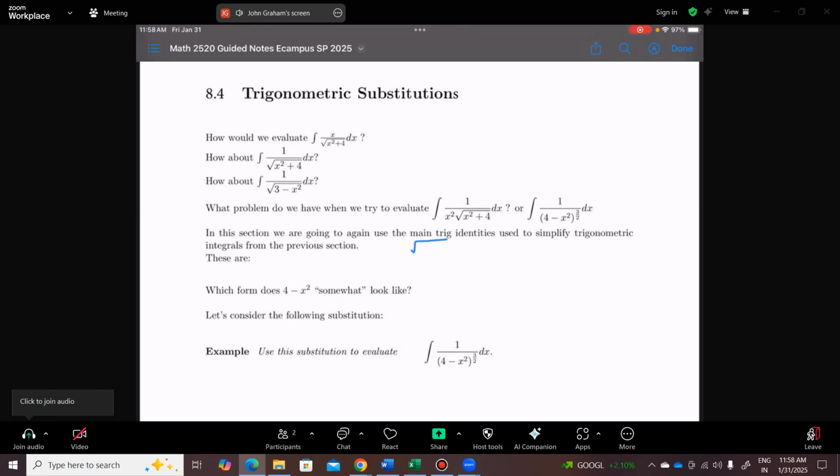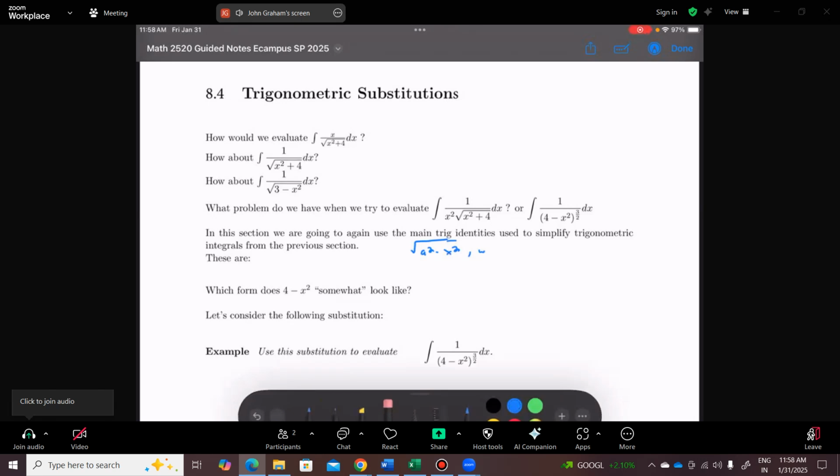First one is a squared minus x squared, when x is equal to a sine theta. Then we get 1 minus a sine squared theta, which is cosine squared theta. Right, so if we plug this in, just to show why it works: a squared, you plug in a sine theta, you get a squared sine squared theta.